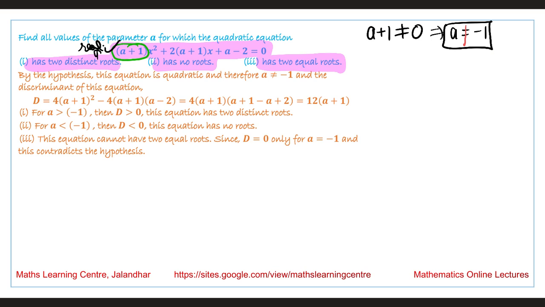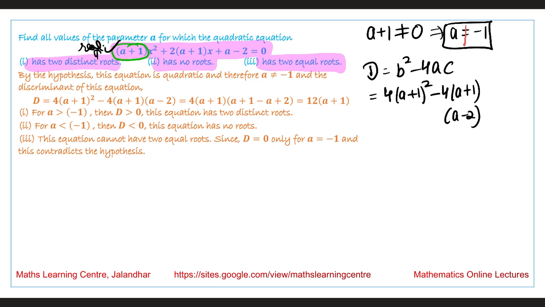Now we are saying it has two distinct roots. So first of all, we are calculating the discriminant, it is b square minus 4ac. So it is 4 into (a plus 1) square minus 4 into (a plus 1) into (a minus 2). If we solve this, we will obtain 4a square plus 4 plus 8a, and if we multiply these terms, it is minus 4 into (a square minus a minus 2).